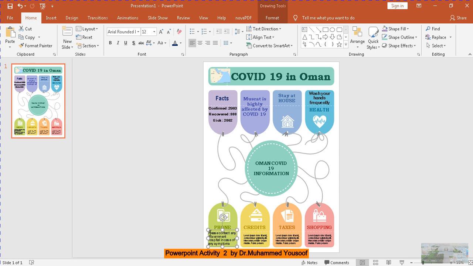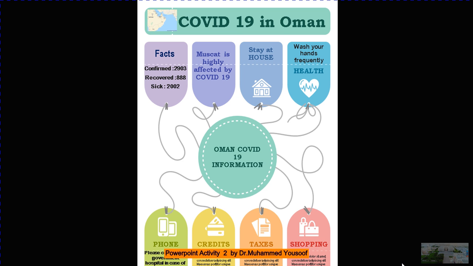This is like a ministry's poster to the people, because they want the people to get awareness about the situation and why they should be very careful. All these things the government wants to put. Now it looks very small, but when you run it as a slideshow, you will see it bigger. So don't worry about it. So you can contact any government hospital in case of any symptoms.